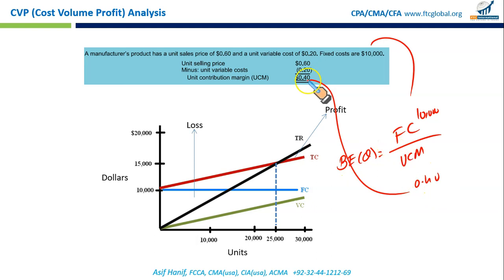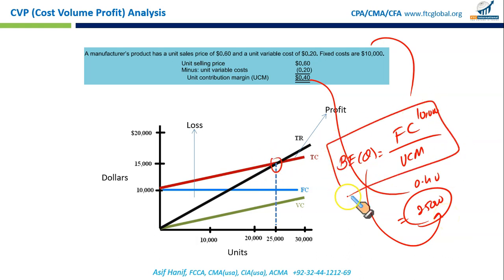And what is contribution? Please remember, unit selling price minus unit variable cost. 0.40 is the unit contribution margin. So 10,000 upon 0.40 gives you 25,000 units. So without this diagram or graph, we can derive the break-even quantity. This is a very handy formula. Break-even quantity is equal to fixed cost upon unit contribution margin.